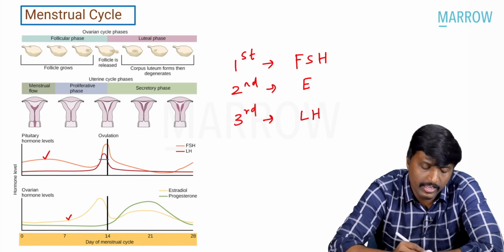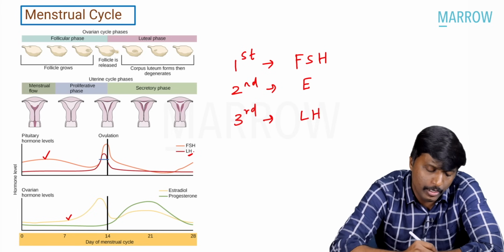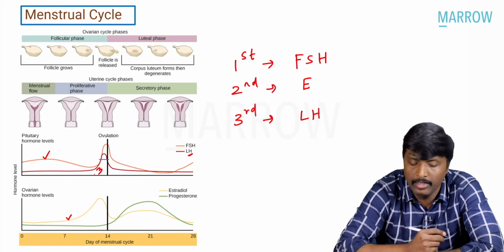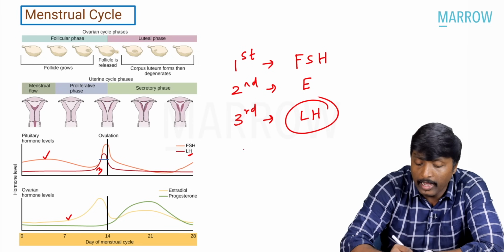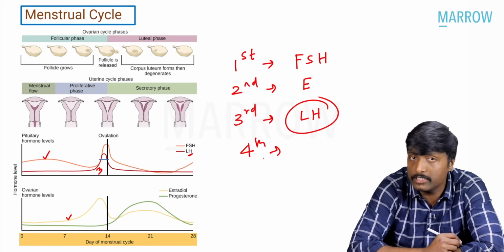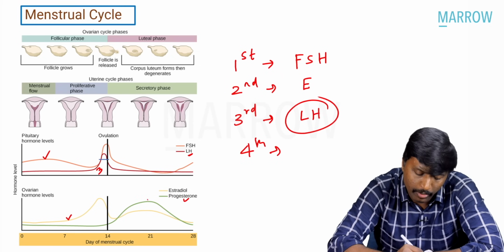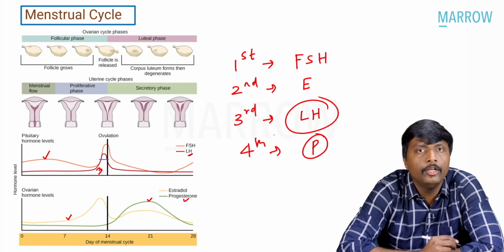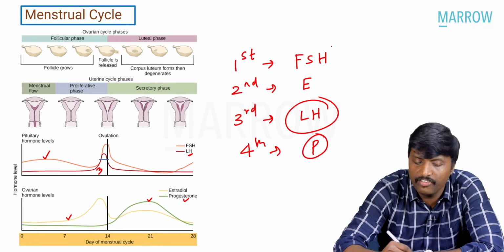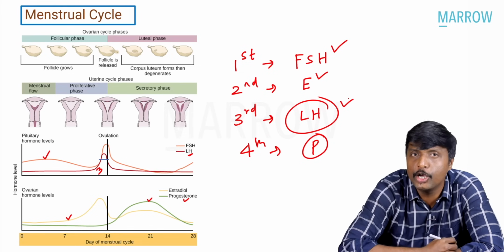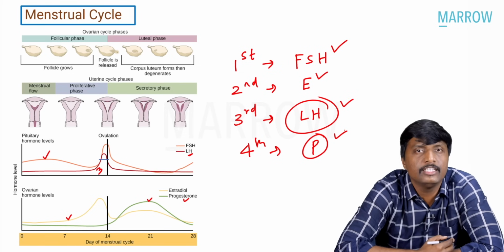So definitely third one, luteinizing hormone, LH. And what about fourth, sir? This is for progesterone. So in timeline, FSH is first, estrogen is second, luteinizing hormone is third, progesterone is fourth and last.